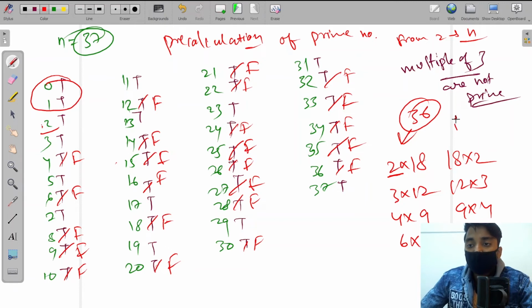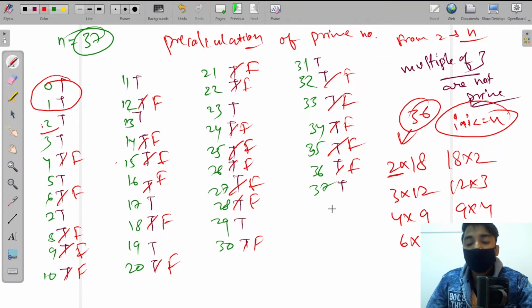So we need to run our outer loop with i into i less than or equal to n. And inside the loop, we will check if isPrime at i is true.